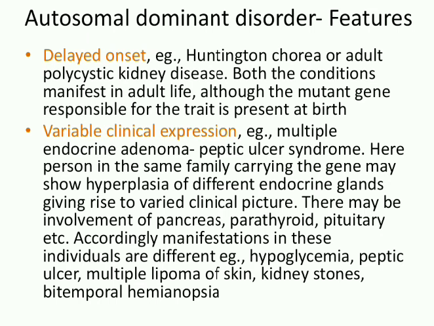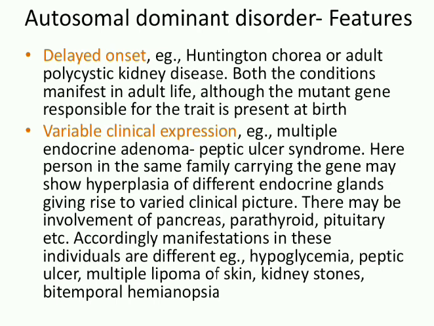The next one is variable clinical expression. That means if a particular family has a problem, the members can present differently. Take a disorder called multiple endocrine adenoma and peptic ulcer syndrome.